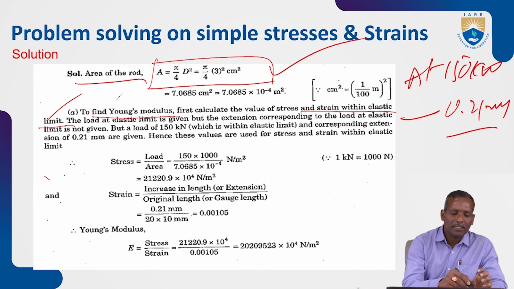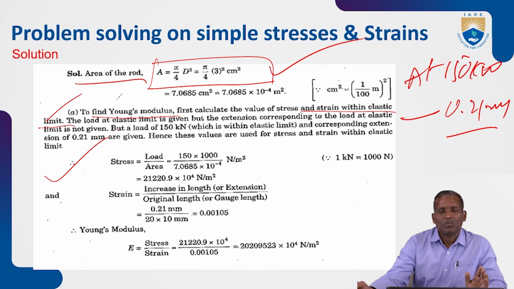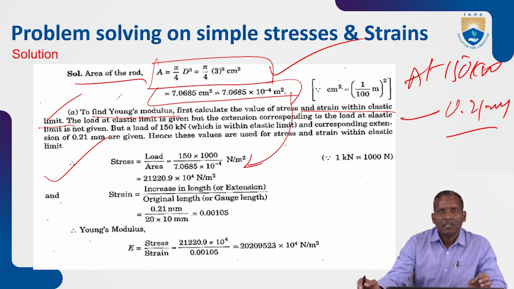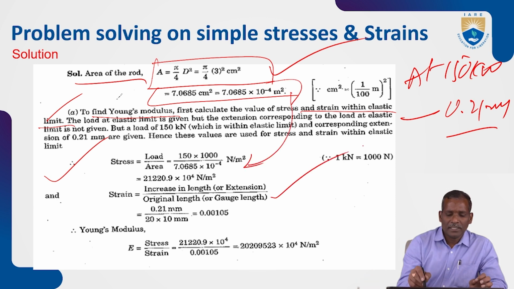First, calculate stress: load 150 kilonewtons, and area, where the diameter is 3 centimeter. Whatever you calculated, substitute this value in this. Strain is equal to increase in length or extension by original length.